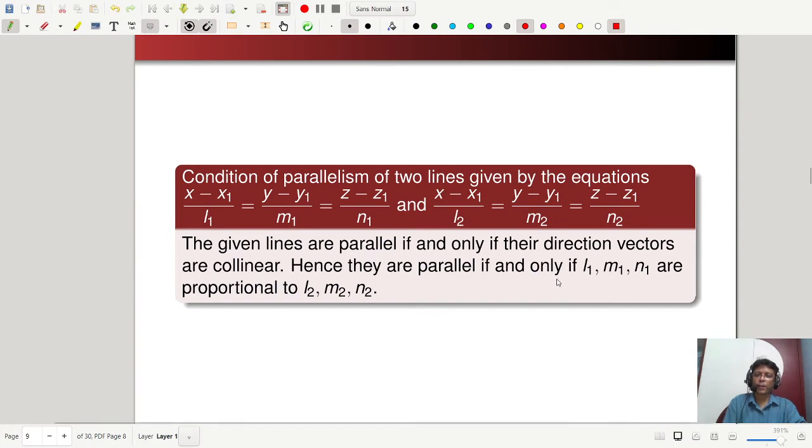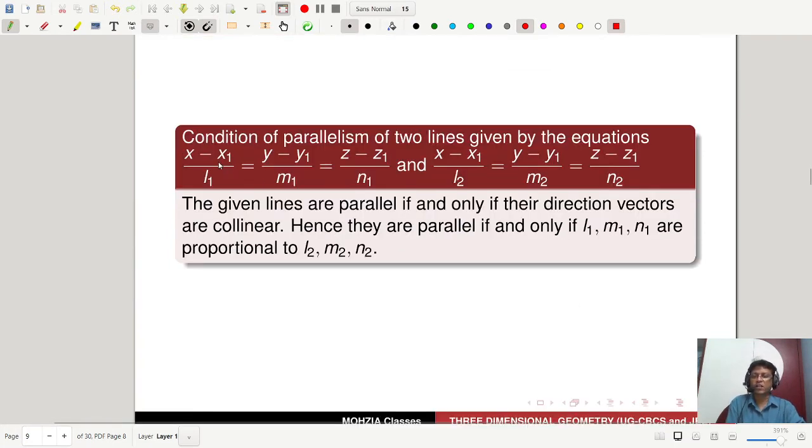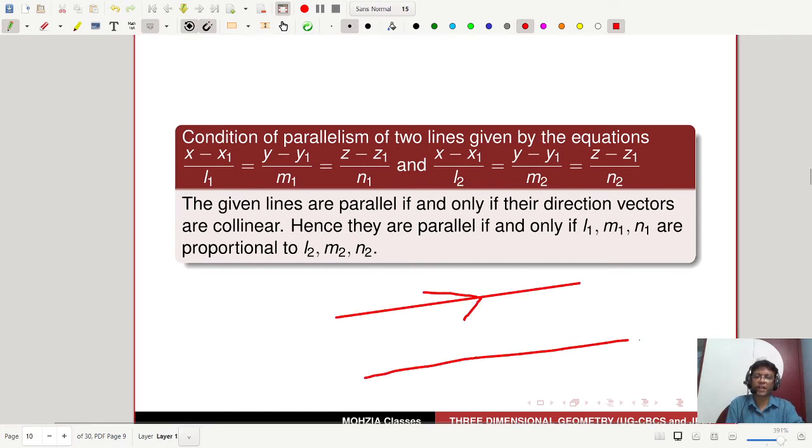And the condition of parallelism of two lines is given by the equations. You have two lines, x minus x1 by l1, y minus y1 by m1, z minus z1 by n1, and so on. If two lines are parallel, then their direction vectors are parallel.